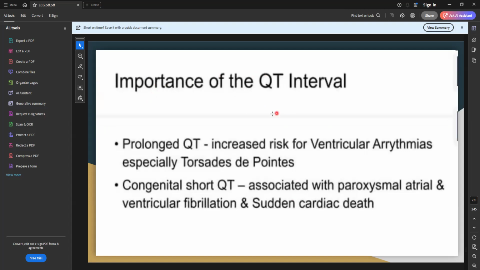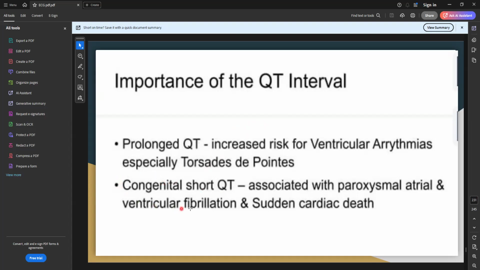What is the importance of the QT interval? Whenever there is a prolonged QT interval, there is increased risk for ventricular arrhythmias, especially torsades de pointes. The QT interval abnormality is also seen in congenital short QT syndrome and congenital long QT syndrome.